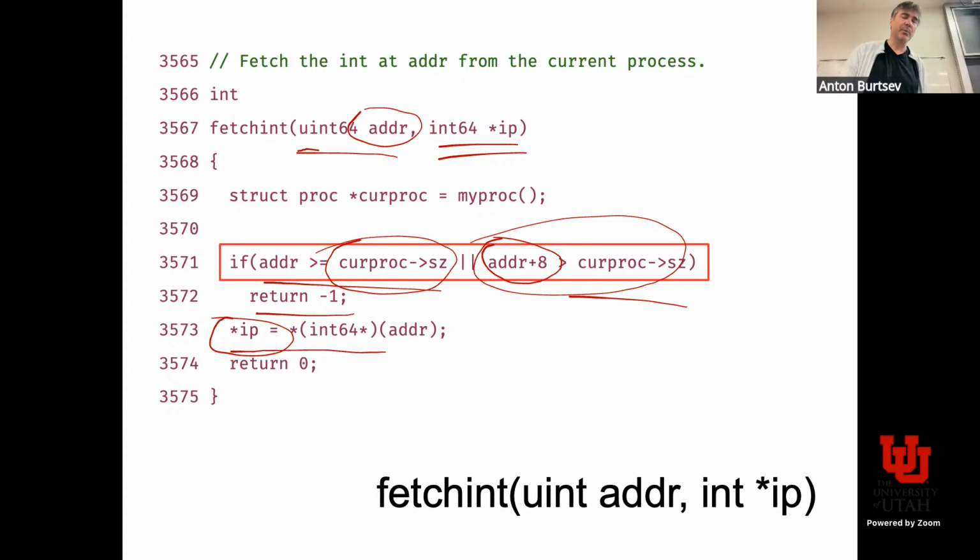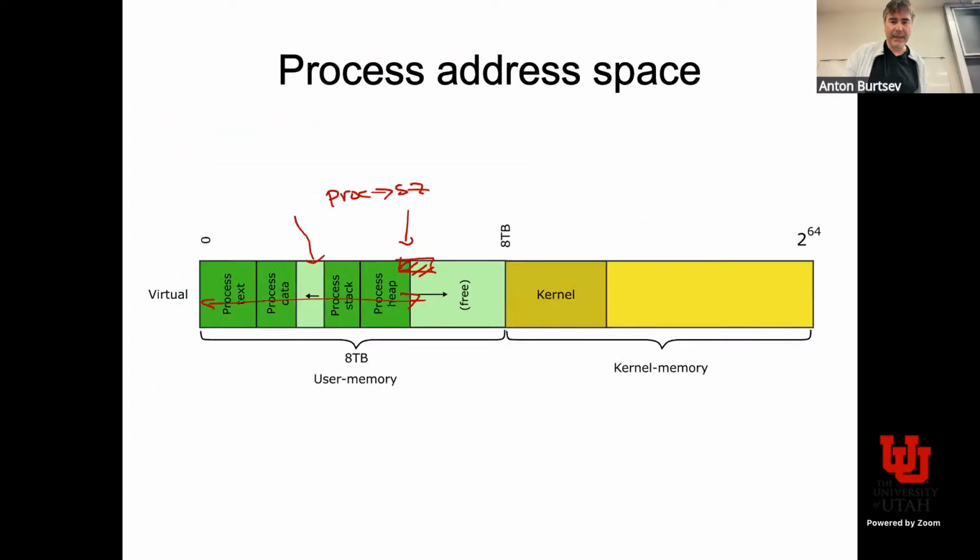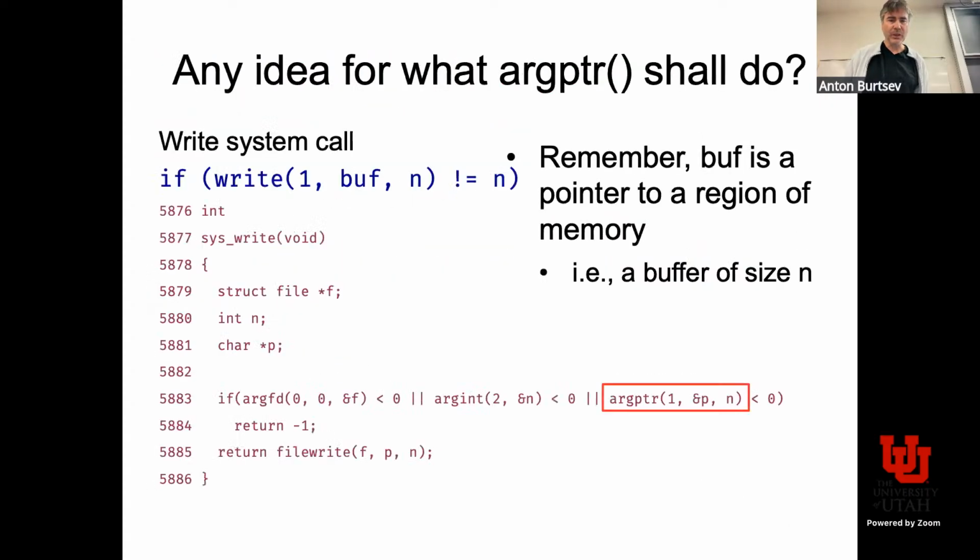And if you build a new system call, you will have to wrap all the argument fetching in a similar manner, right? And of course, you say, sure, I kind of got it. But what if I'm trying to fetch a pointer, for example?